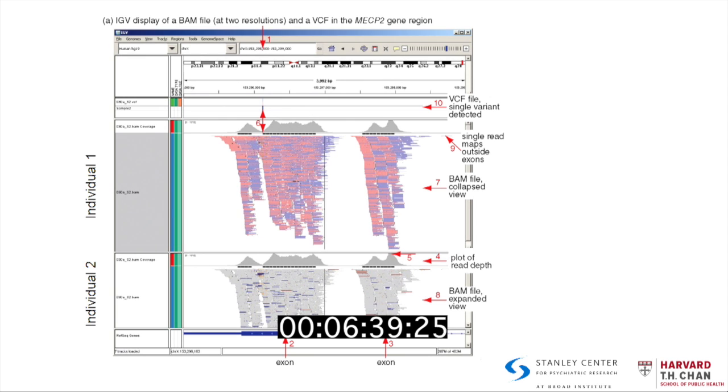For example, there's this gap in coverage here, which even though we can assume that there were probes targeting this area, they're just not doing as good a job at binding the DNA or getting good read coverage in this particular region. This is really important to think about for downstream filtering. If you get a region in an exon that's not got good coverage, you can't be as confident about the DNA calls or the genotype calls at that position.